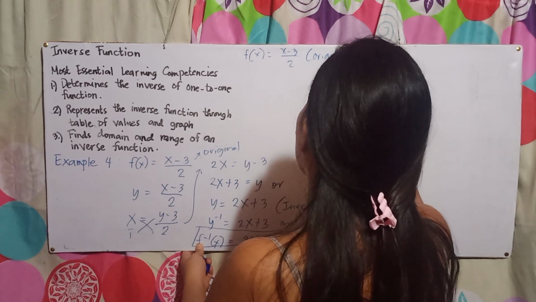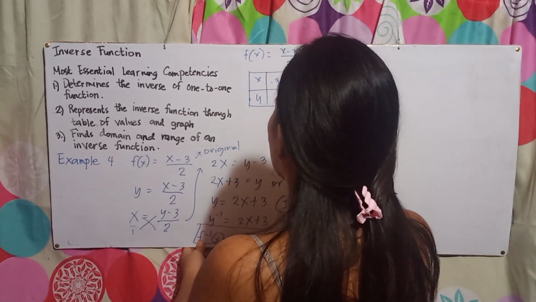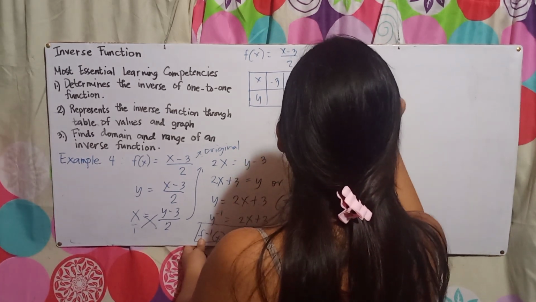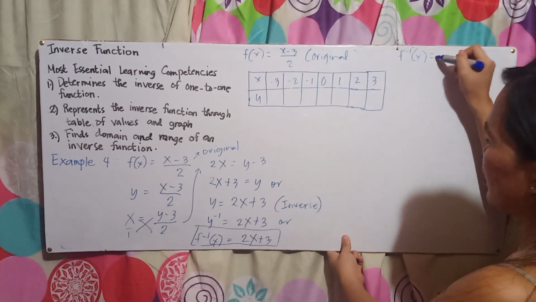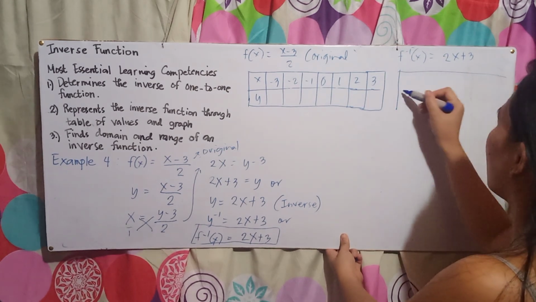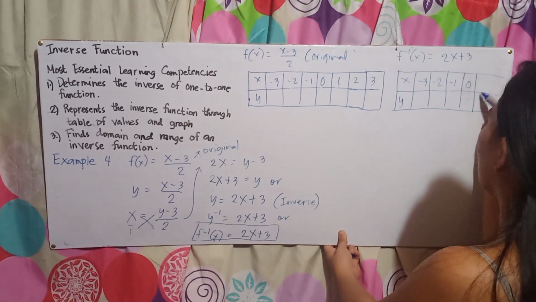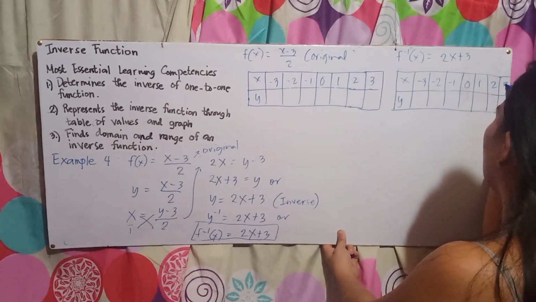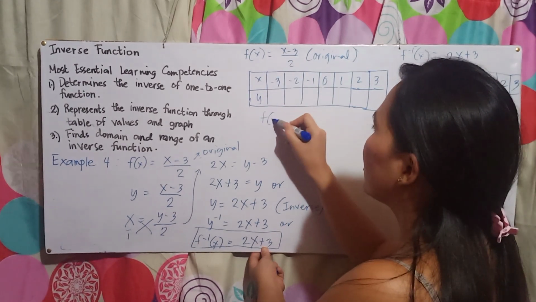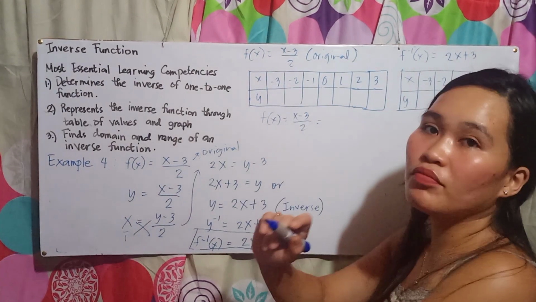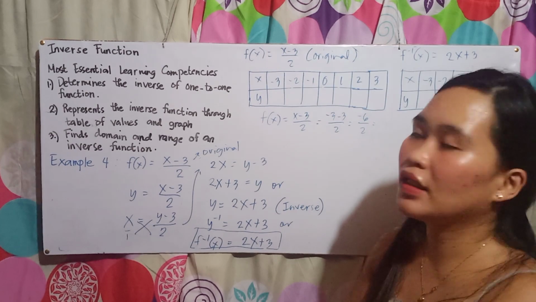This is the original. Then, substitute. If x is negative 3, in the given x minus 3 over 2, negative 3 minus 3 over 2, the answer is negative 6 over 2. 6 divided by 2 is negative 3.